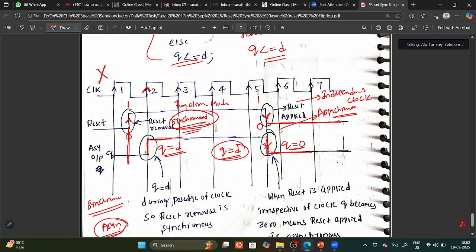So in most designs, which type of reset will you use? Active low reset, that is the reason I told you. And what type of reset are we using? Asynchronous reset we are using.